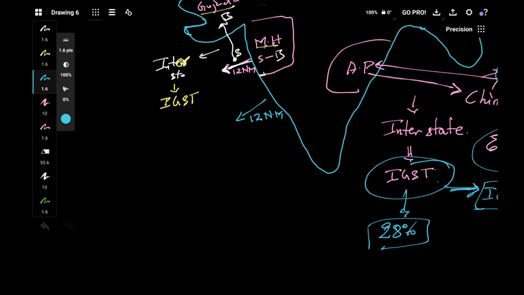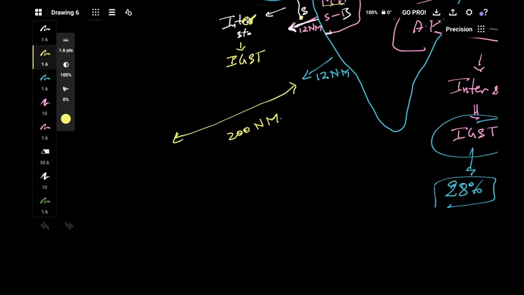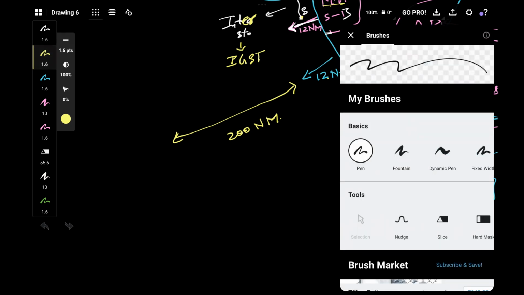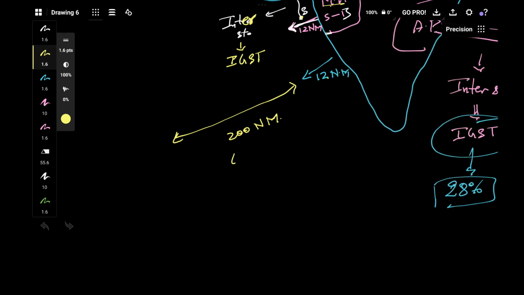Beyond this 12 nautical miles, up till 200 nautical miles, these 200 nautical miles is regarded as the exclusive economic zone, and in this exclusive economic zone only two activities are covered in India.